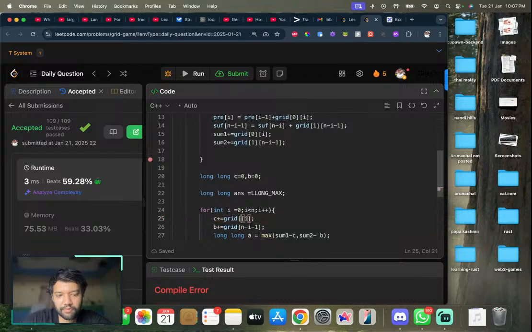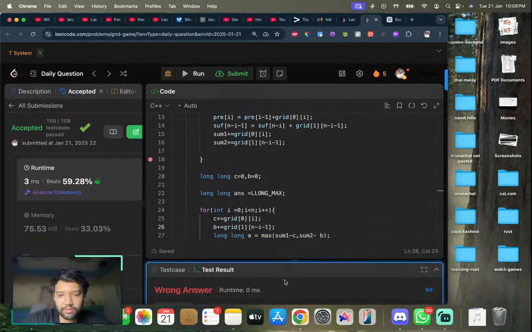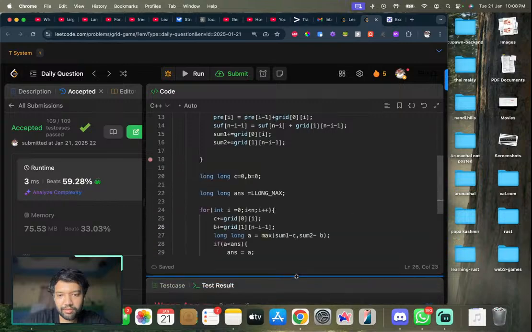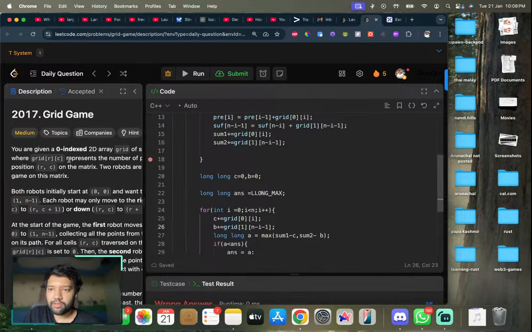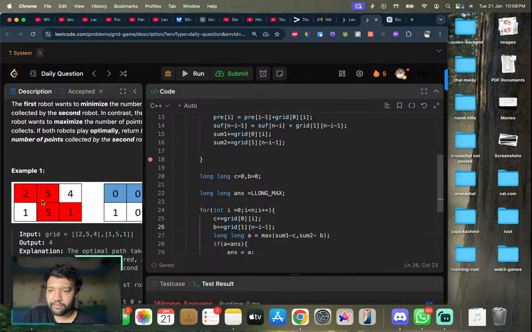You know, 0, 1, and which makes it the wrong answer also. So where am I going wrong? At 0, the C will become 2.